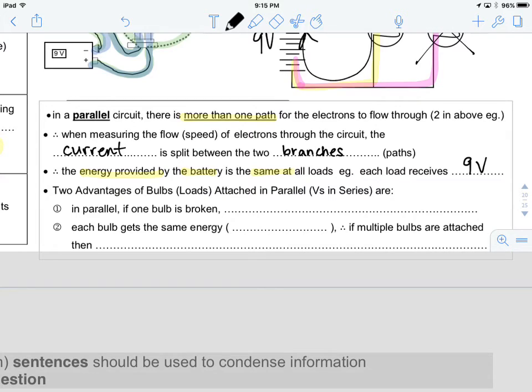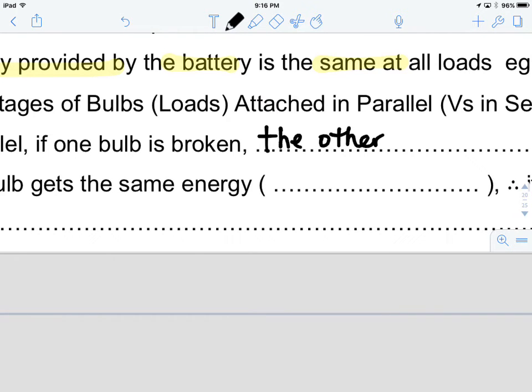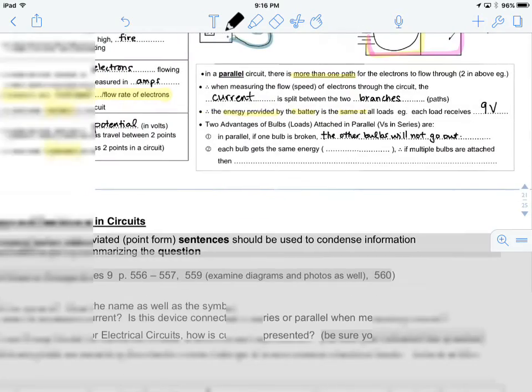So if one bulb is broken, and this is an important distinction to make, the other bulbs will not go out. All right, that's a big deal.